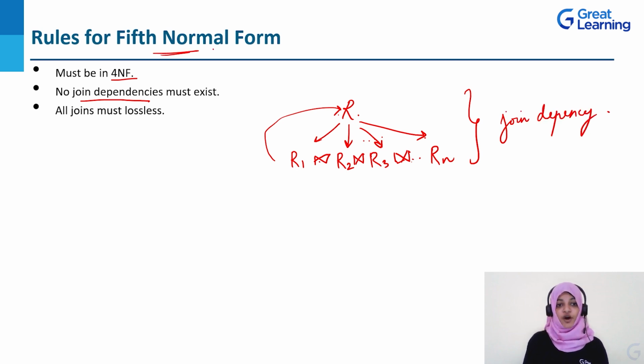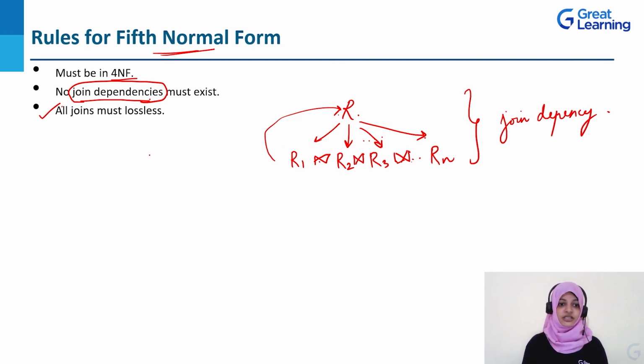The fifth normal form states that there must be no join dependencies within the tables. We'll look at it with an example in some time. The last stipulation of the fifth normal form is that any and all joins that are being created using this particular table must be lossless in nature.